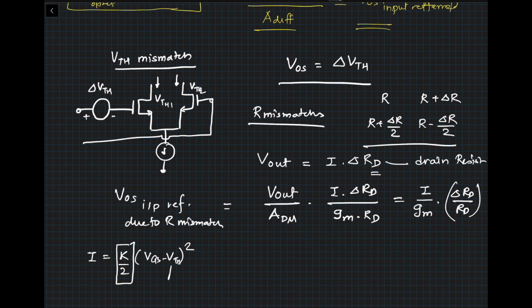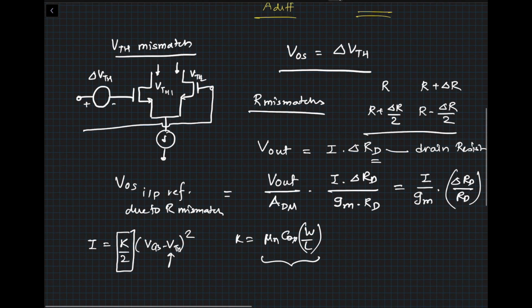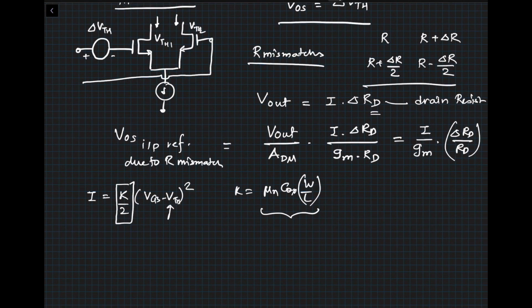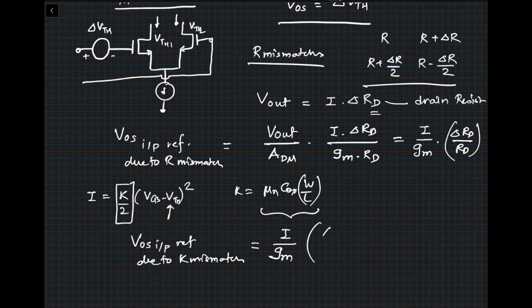We just looked at VTH mismatch, and you can look at K, which is mu n Cox W by L. So K is equal to mu n Cox W by L. I'm going to group these together and look at the mismatch effect of this K. You can also prove it to yourself, following the same method, that the VOS input referred due to K mismatch is I divided by GM, times delta K divided by K.